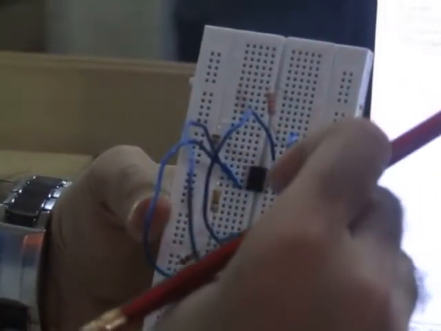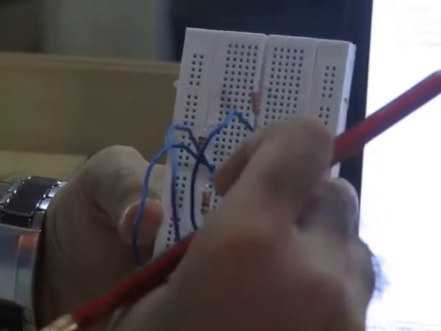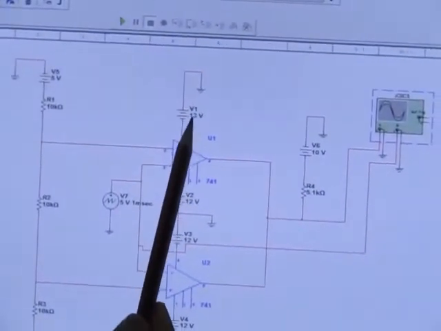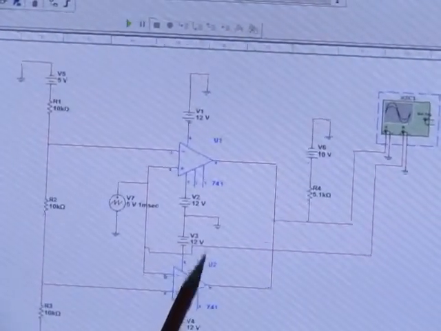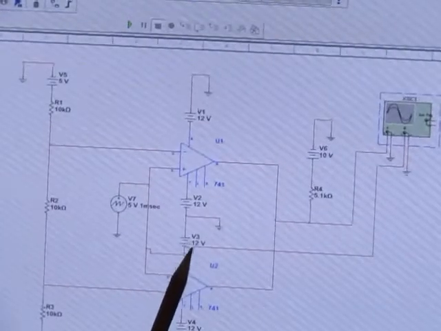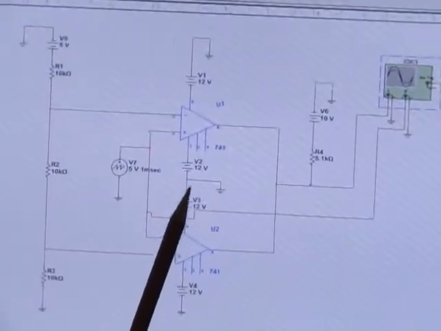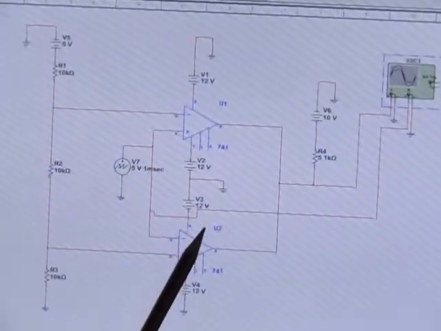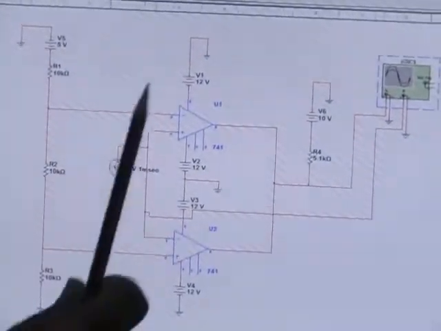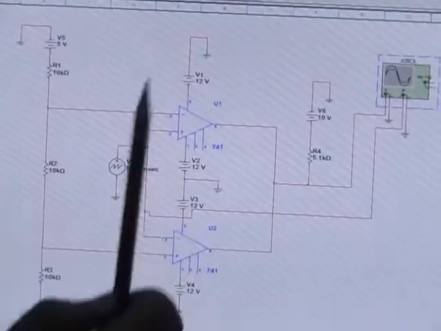The next one you can see that pin number 4 of the first op-amp and pin number 4 of the second op-amp both rely upon the minus 12 volt. So I am going to use a common potential of minus 12 volt, so that I can apply it for both pin number 4 of the first and second op-amp.